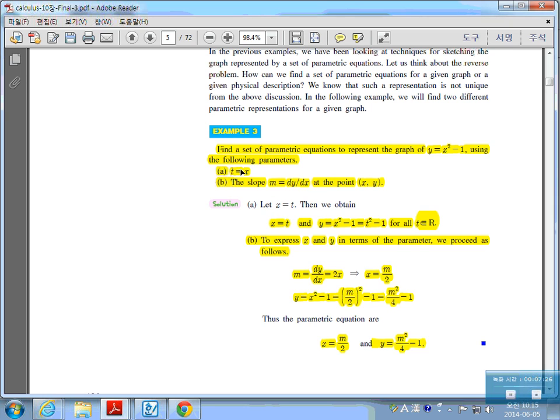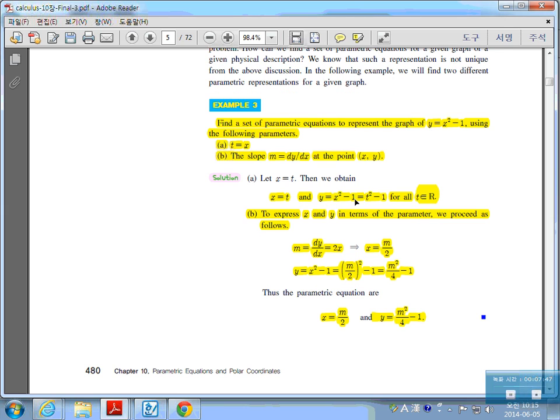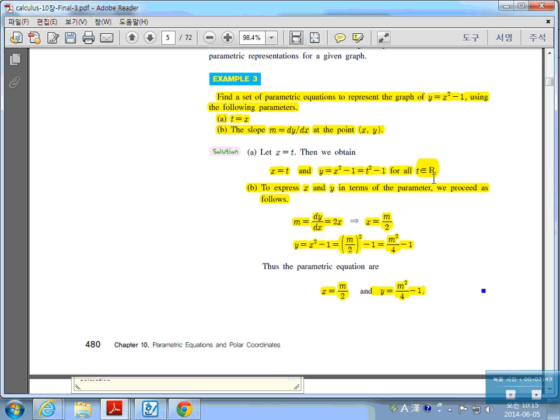In the first case, since the parameter t has the same value as x, we can just replace x by t in the function y equals f of x. So it can be written as y equals t squared minus 1 for all t.